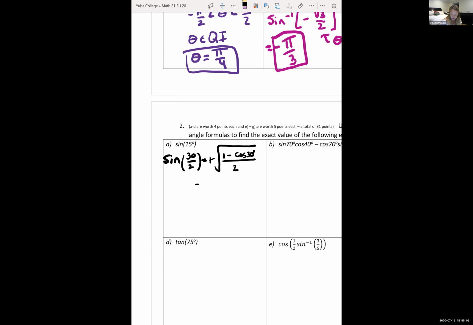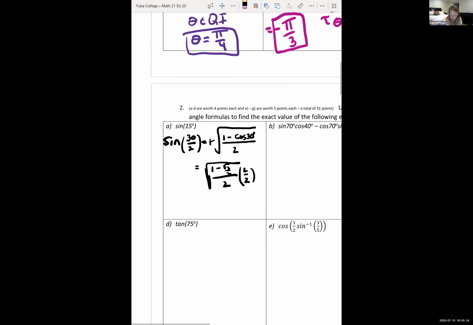So this is equal to the square root of 1 minus cosine of 30 degrees, that's root 3 over 2, and then we have the 2 in our denominator. Simplify, get rid of the complex fraction. Distributing, we get root 2 minus root 3 all underneath that radical, the 2 here cancels, and 2 times 2 is 4. The square root of 4 is 2.